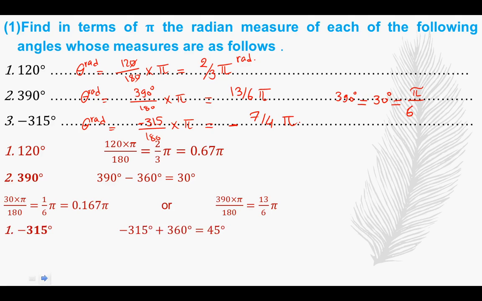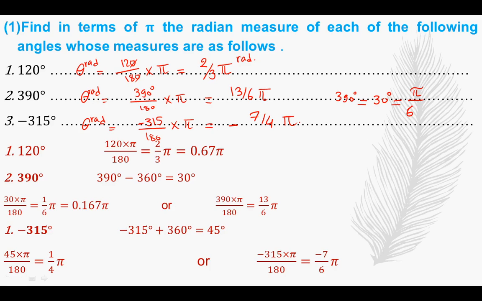The last one, negative 315. This is another way to change the angle from a negative measure to a positive measure by adding 360, and the result is 45. So the angle negative 315 is equivalent to an angle of measure 45, and 45 times pi over 180 equals 1 over 4 pi. Or you can solve it by negative 315 multiplied by pi over 180, and this equals negative 7 over 4 pi, as we solved it.